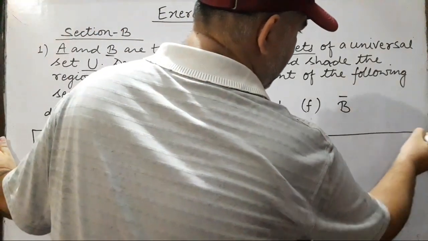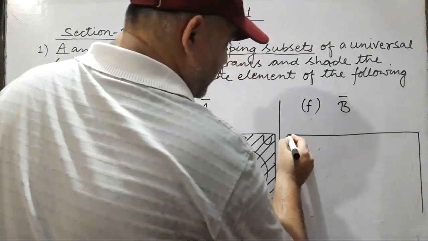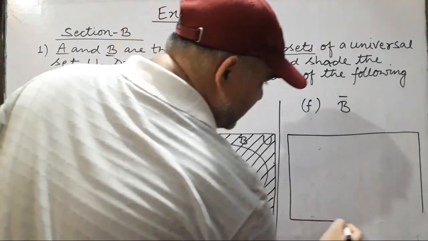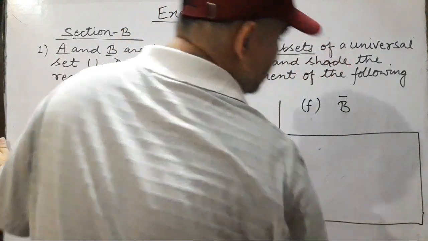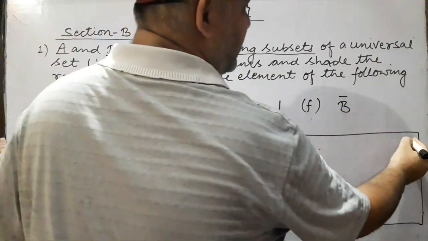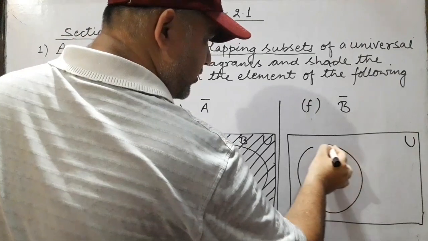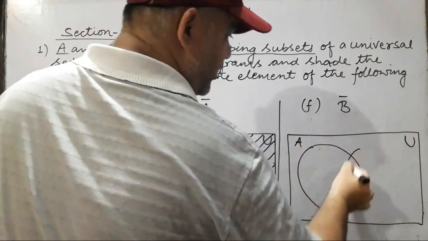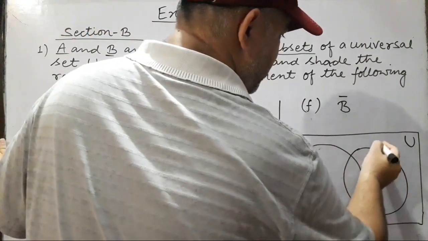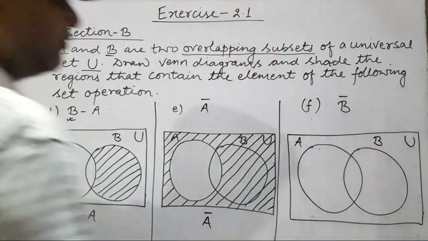Now, similarly, B complement is the set having the elements which are not contained in B. Let us say it. This is A, this is B. The figure remains the same.